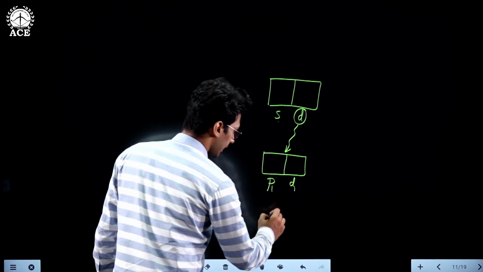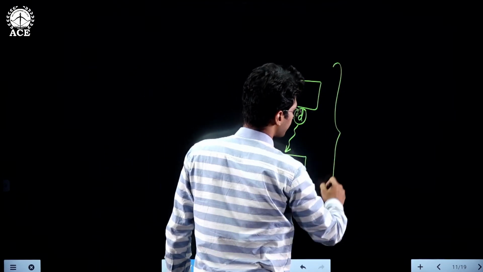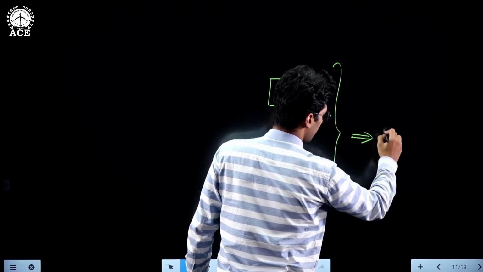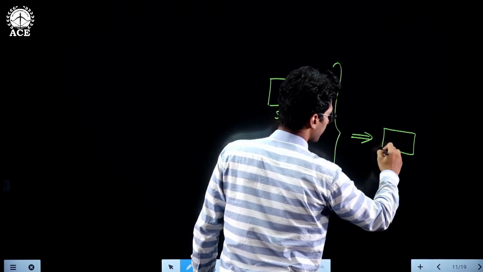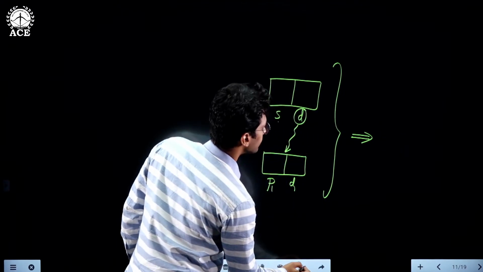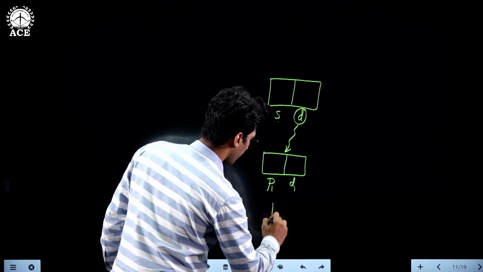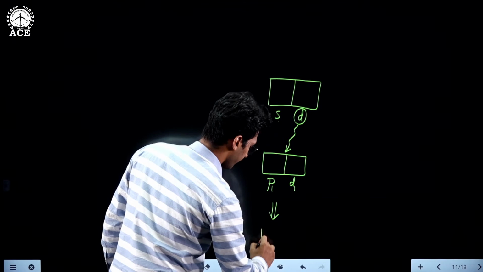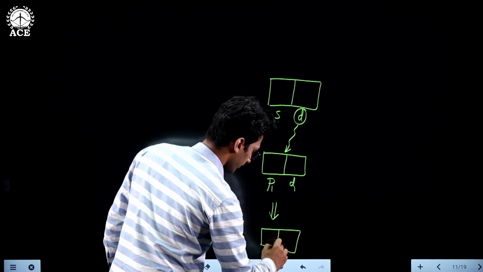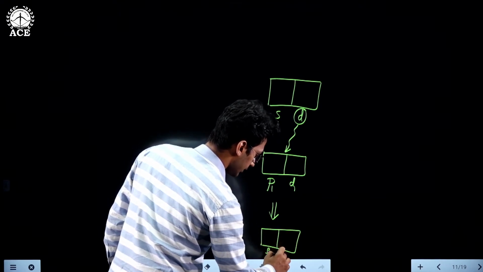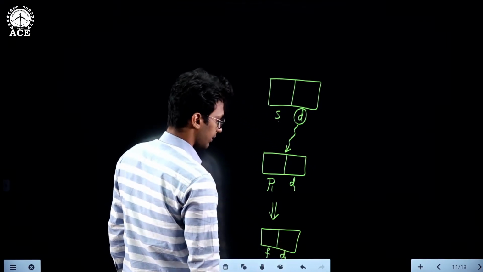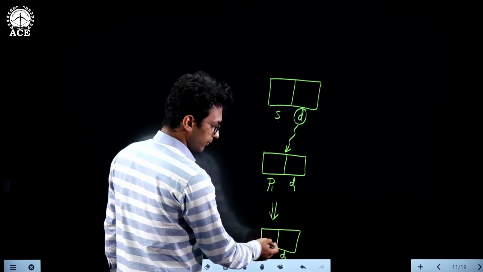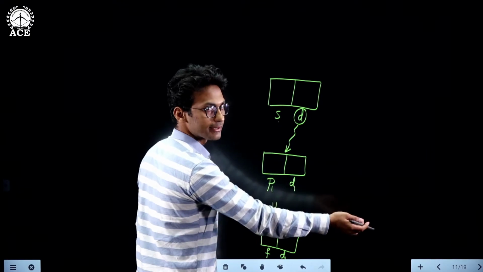And finally, this entire thing will get converted into what? Okay, I think I should write it here. From all this, we'll get what? Which frame it is present in and what is that offset, frame offset. And from that, we'll go to that particular frame and we'll access that page.